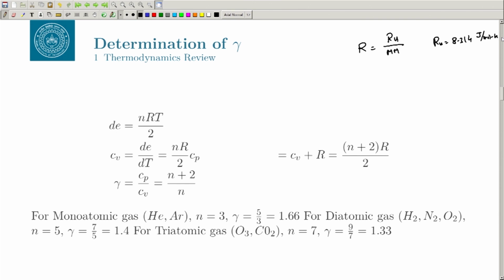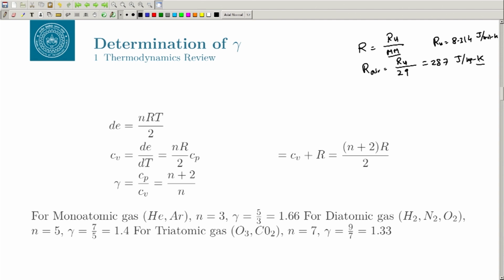So, if you want to find R of air, that is Ru by molecular mass of air, which is around 29, and that will give you around 287 joule per kg Kelvin. So, far so good. If you are simulating with a different gas, you need to change the value of R, the gas constant, in your CFD simulation.